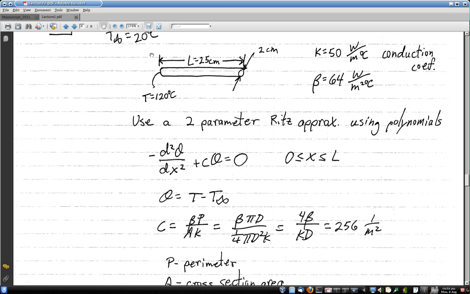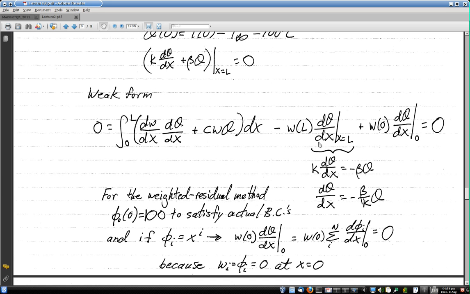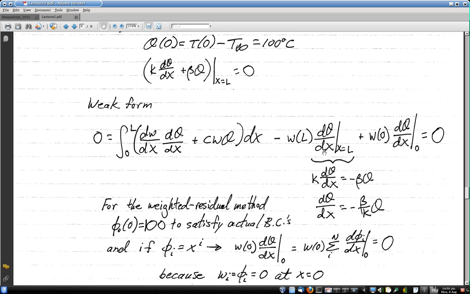You do have to be careful in how you define this on this side. Remember, we have this definition, okay? This is a balance of internal thermal conductivity and convection, which is 0. So in the weak form you have this at the endpoint. That means k d theta dx is equal to minus beta times theta. So we can do a substitution into here. Okay.